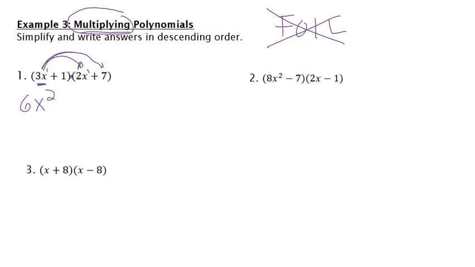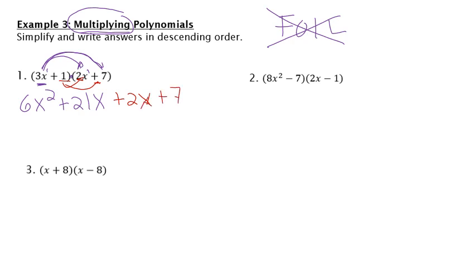And then I'm going to distribute 3x to the 7. So 3 times 7 is 21, we got 21x. And then now I'm going to take this 1 and distribute it to everything in that second parenthesis. So 1 times 2 is 2, so 2x. 1 times 7 is 7.